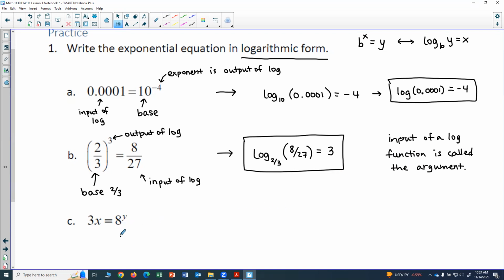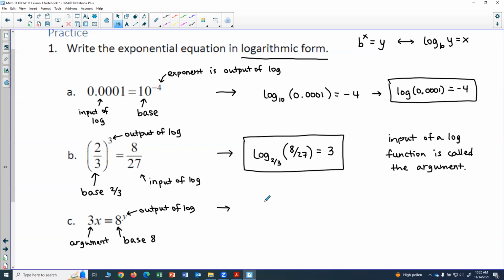All right, so one more example. Identify your base. We have 3x equals 8 to the y. So I have a base of 8 and an exponent of y. The exponent becomes the output of the log function, and the output of the exponential becomes the input of the log function, which we call the argument.